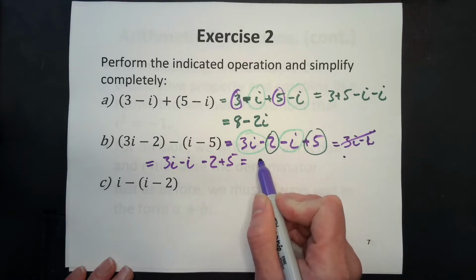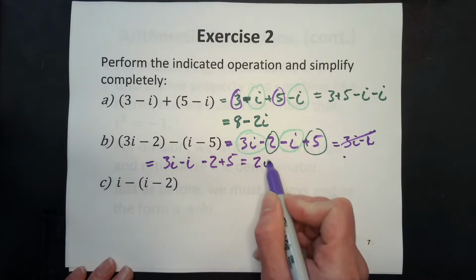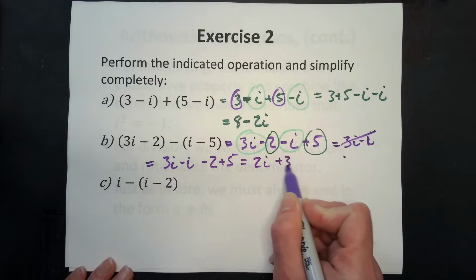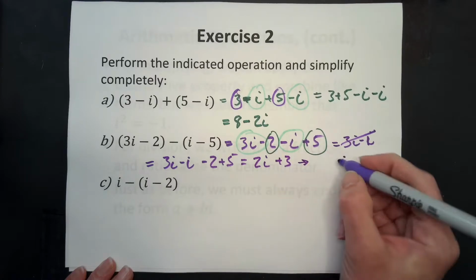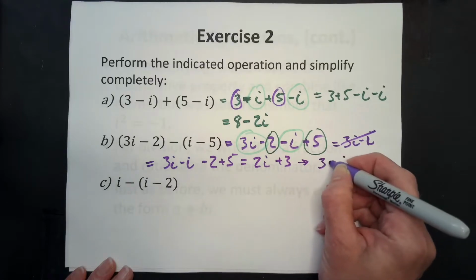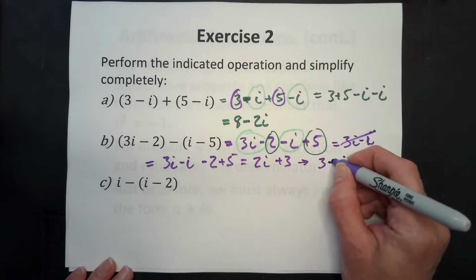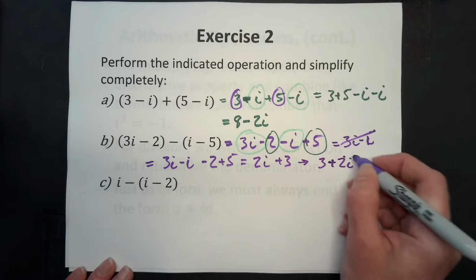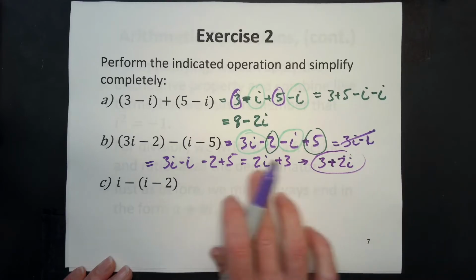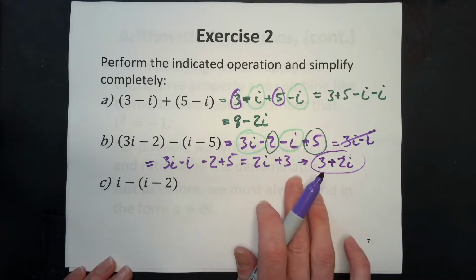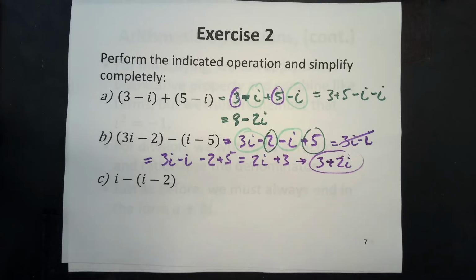So that's going to give me 2i plus 3. And I would rewrite it as 3 plus 2i. That's how I'd write it, just to have that real part for it. I would take either answer, but usually you write the imaginary part second.